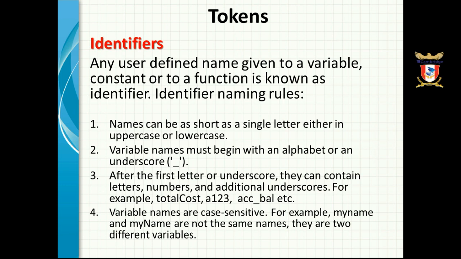And the next, identifier names are case sensitive. Case sensitive means if you write the name of a variable as uppercase AB, that will be different from lowercase ab. These are some basic rules, and we'll discuss them in detail in next sessions also.